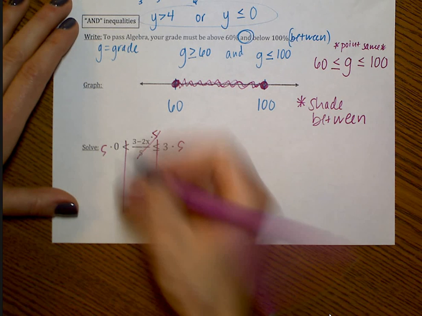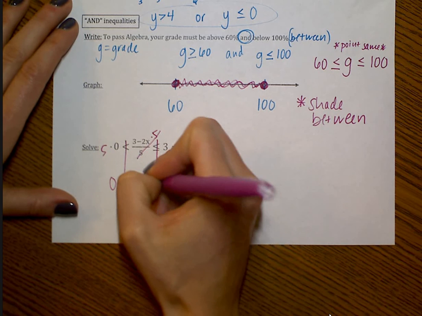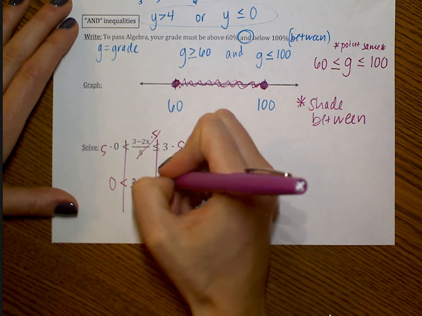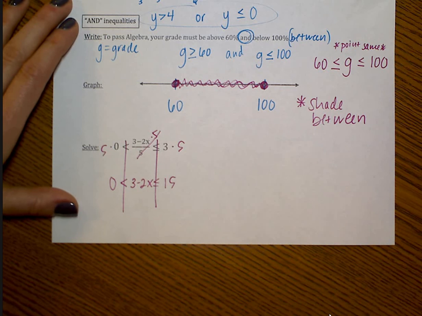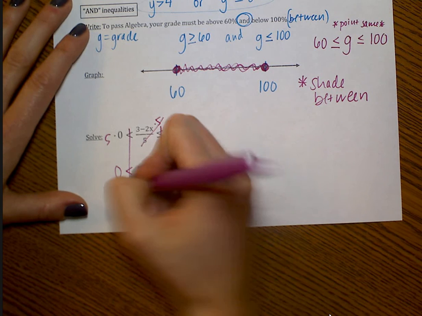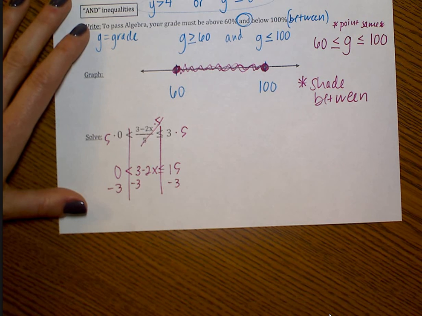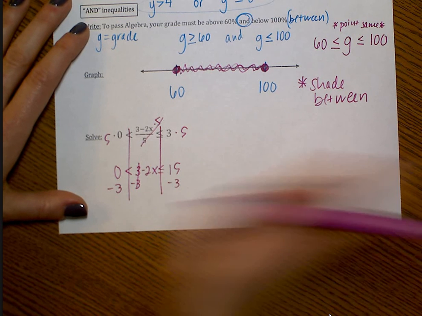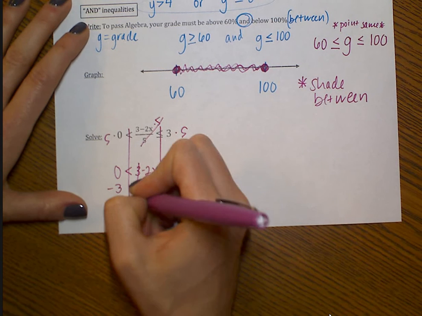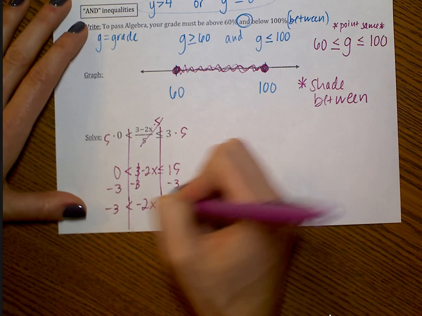Let's see, that's 0 is less than 3 minus 2x in the middle, less than or equal to 15. The next step, I would move the 3, I'd subtract it, and make sure you do that in 3 different places. So negative 3 is less than negative 2x, which is less than or equal to 12.